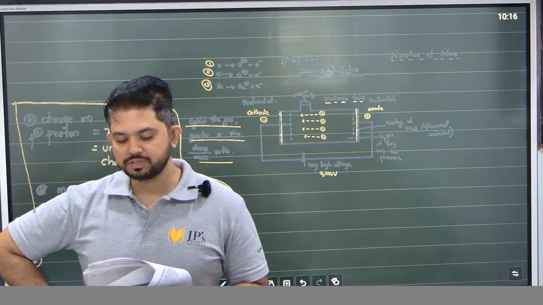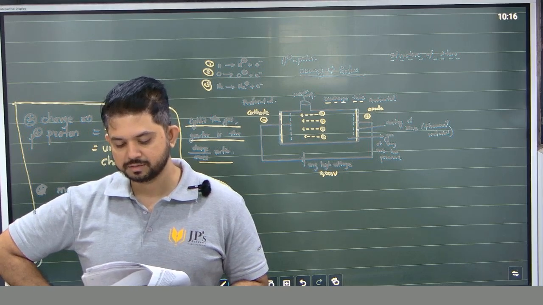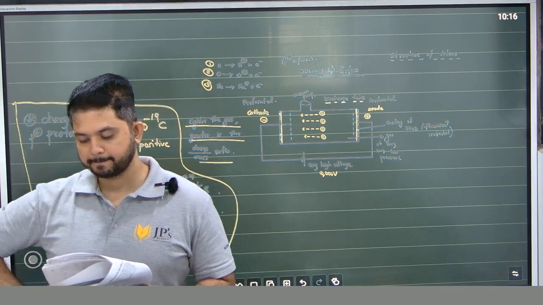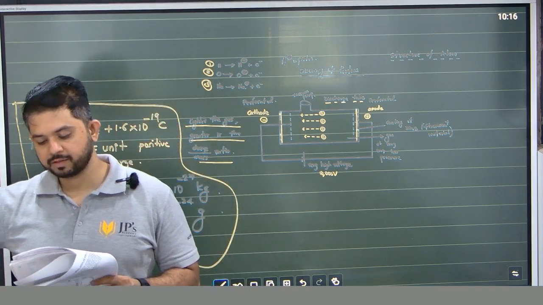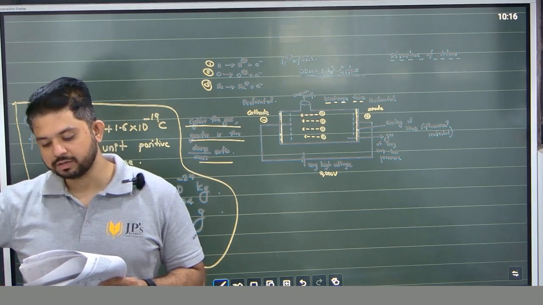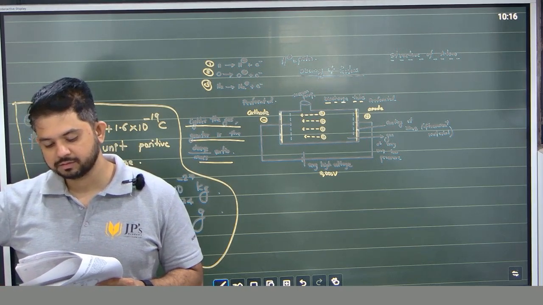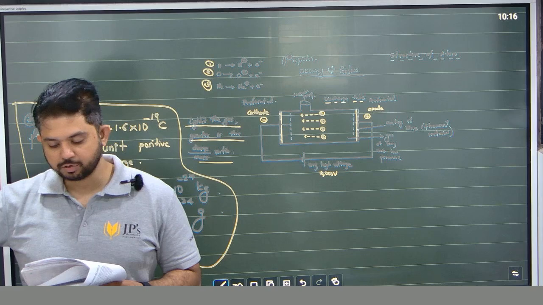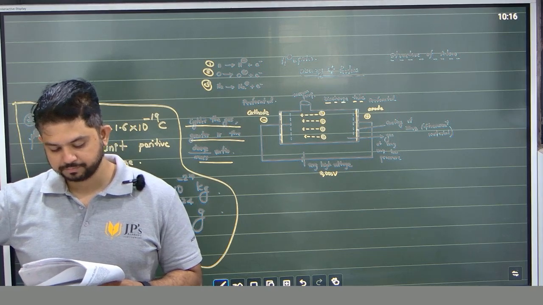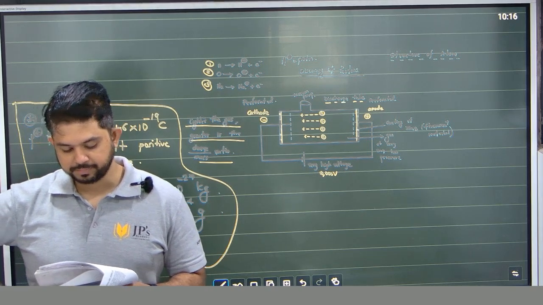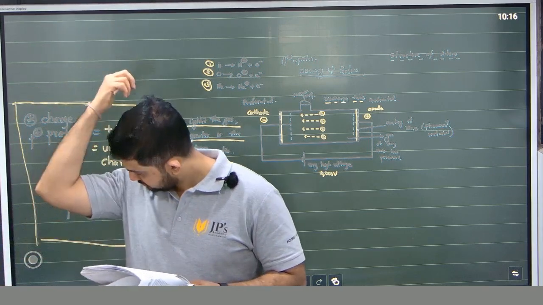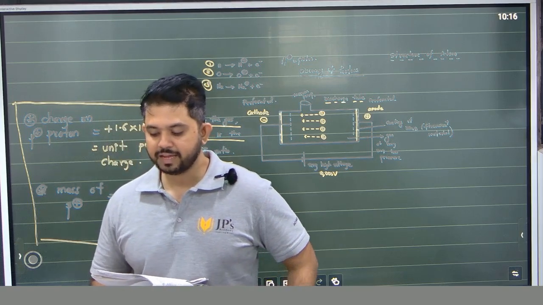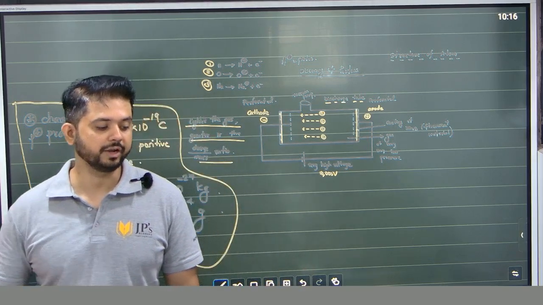These positively charged particles depend on the nature of the gas present in the cathode ray tube.